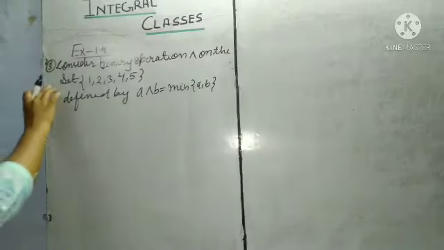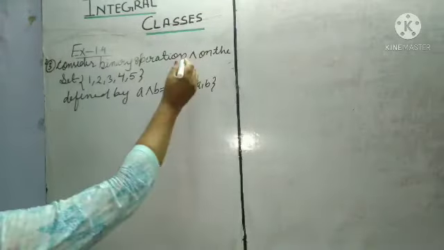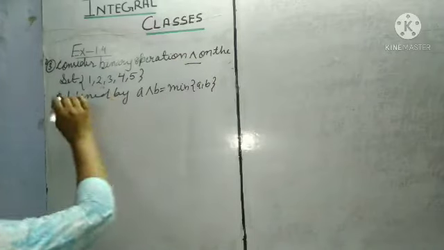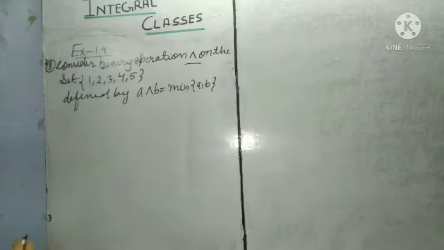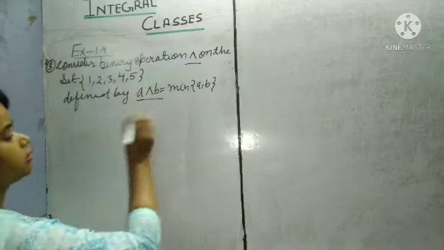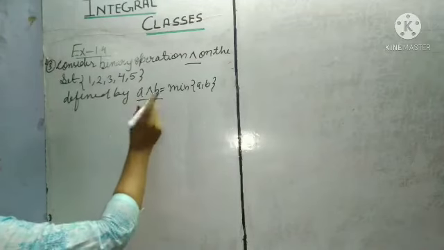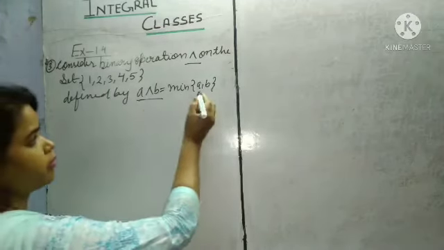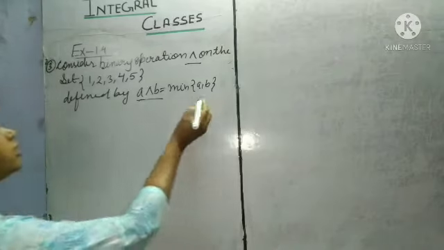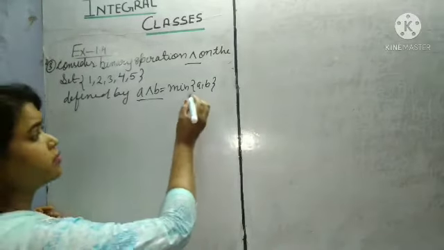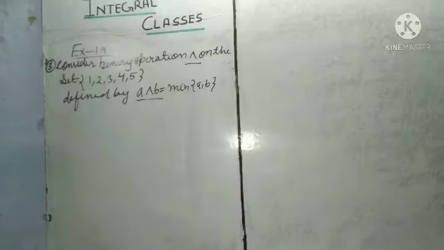Next question, question number 3. Consider binary operation on this set given 1 2 3 4 5, and we will consider here binary operation A cap B equal to minimum of A, B. It means we will choose that number which is minimum of both of them. Now we will draw its binary operation table.